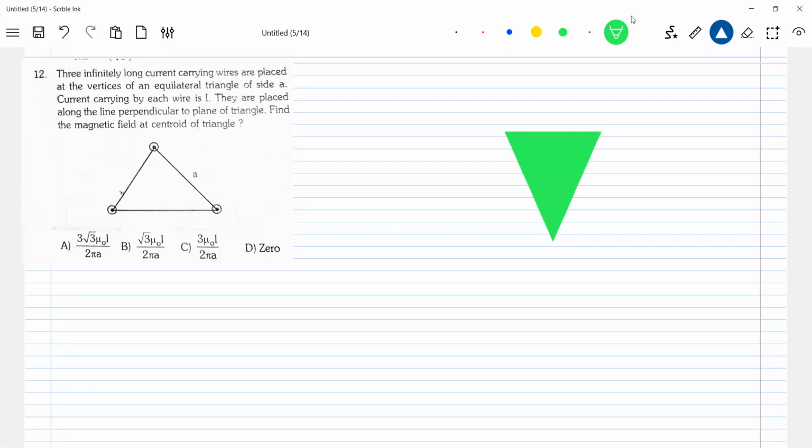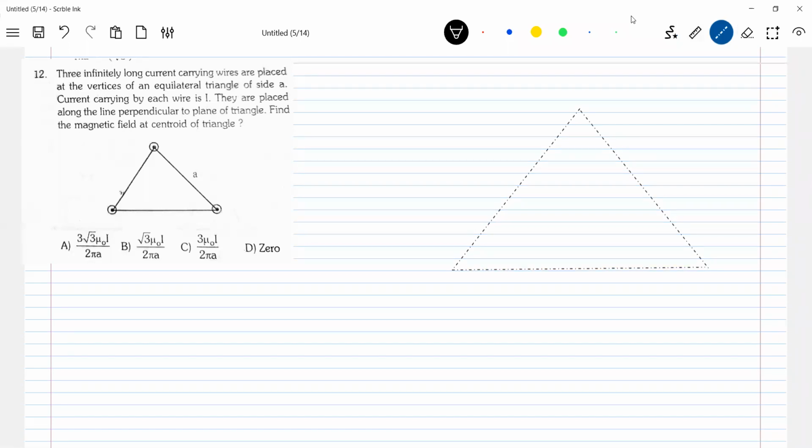I'll draw the thing. So there are three conductors. So current here, let it be out of the plane. Long wire, current is out of the plane. So get the direction of forces here. So some rough diagram, and it is asking you the centroid, no?